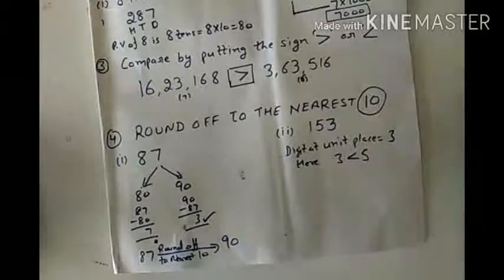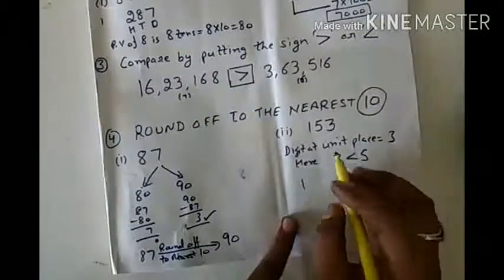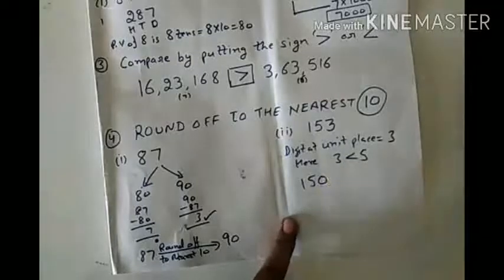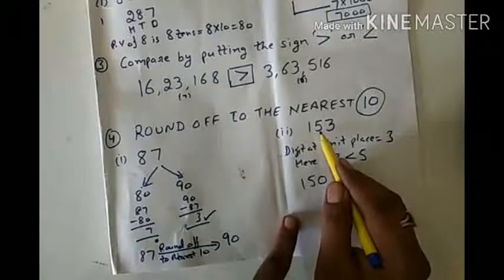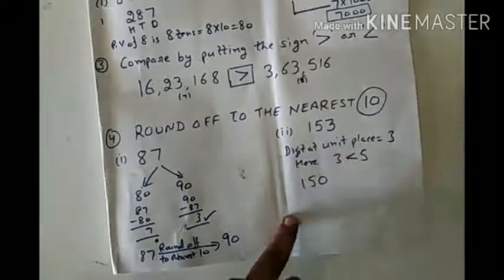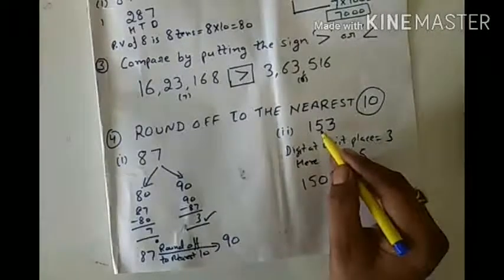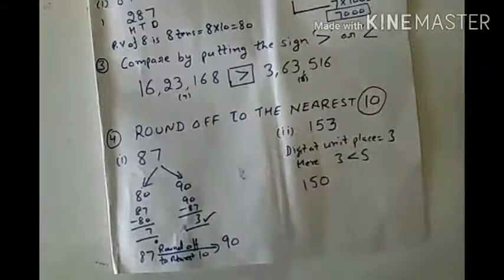If the digit is less than 5, then what will we have to do? We will replace 3 with 0 and not increase the digit at the tens place. So, I will write all the other digits as they are. So, this is the answer.